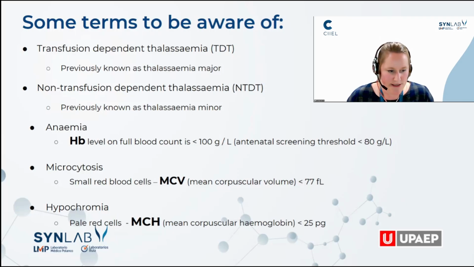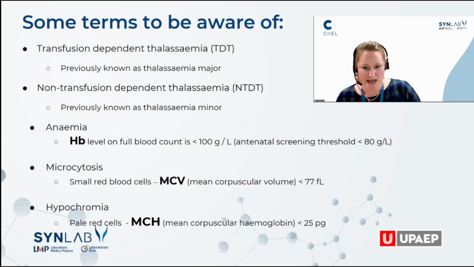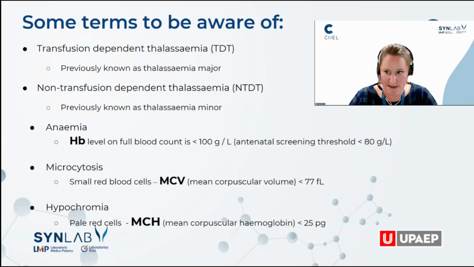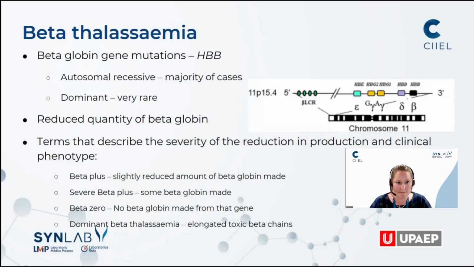Microcytosis, so this describes when the red blood cells are small, so your MCV less than 77, and hypochromia, which are pale red blood cells, so where the MCH is less than 25 picograms. So these are the key laboratory features that we're looking at in the thalassemias and sickle cell disease.